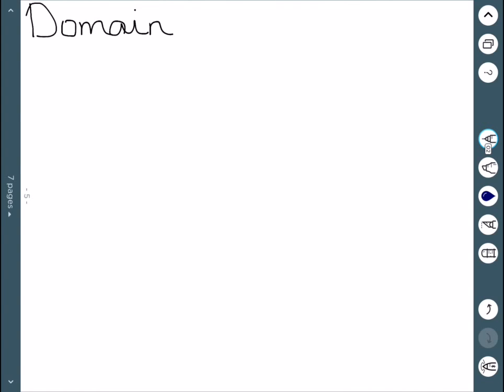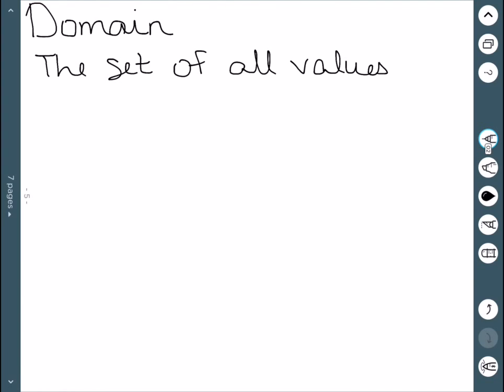The next thing we'll look at here is the domain. So the domain is the set of all values that the variable may assume.